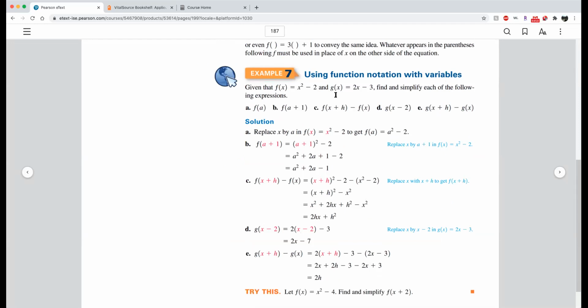You see that two functions are given as equations: f of x equals x squared minus 2, and g of x equals 2x minus 3. The question is to find and simplify each of the following expressions. That's a really good example to check whether or not you understand function notation.